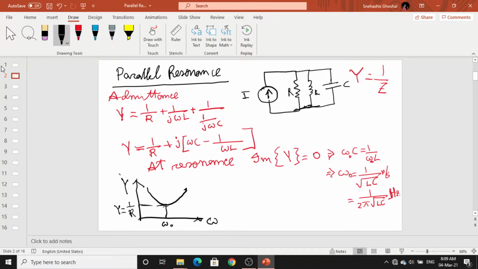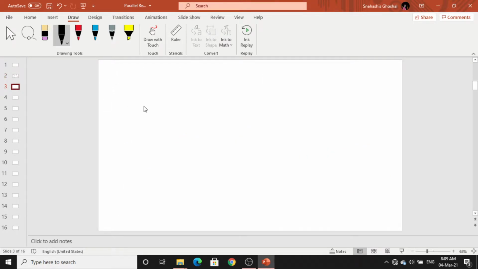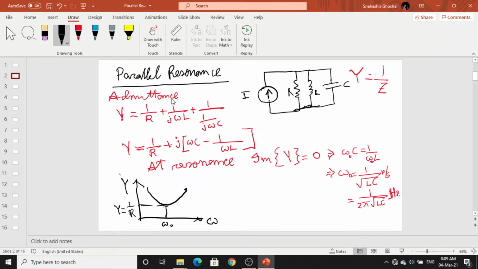Now if I want to draw the phasor diagram of parallel circuit, what happens? So we know that there are three parts in the main current I. Let me copy this circuit.